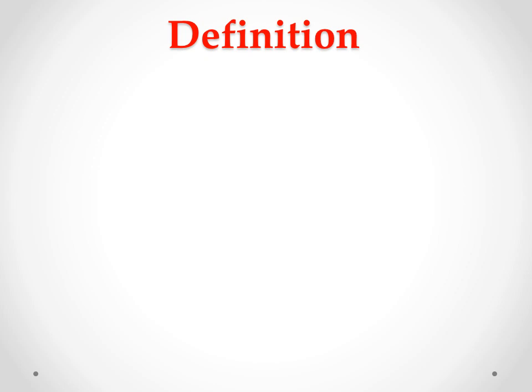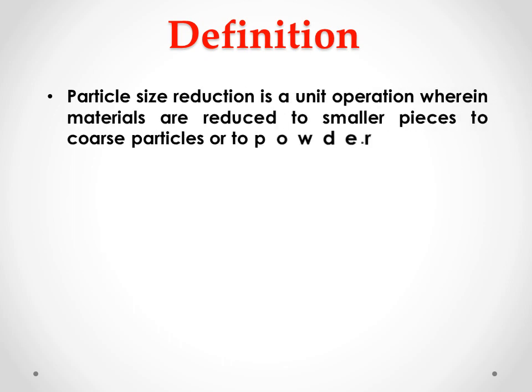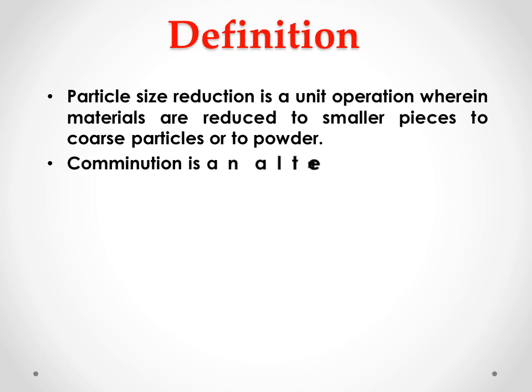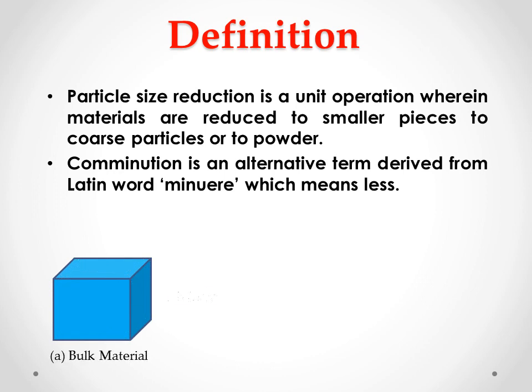First, we need to understand the definition of size reduction. Particle size reduction is a unit operation wherein materials are reduced to smaller pieces, to coarse particles, or to powder. Comminution is an alternative term used for size reduction.